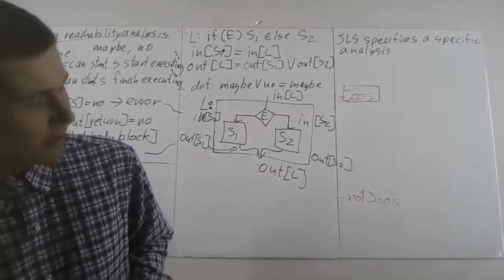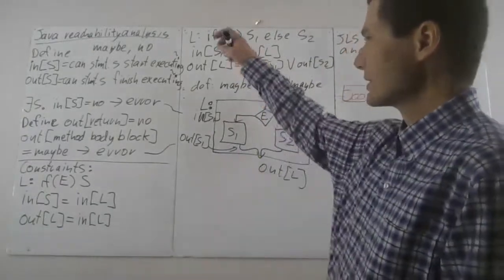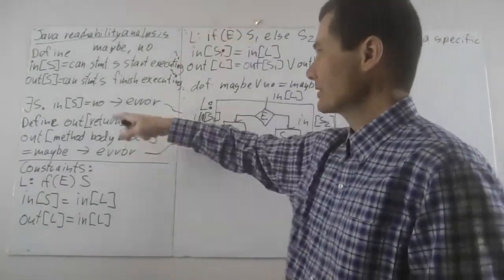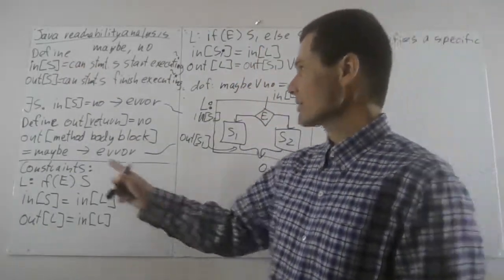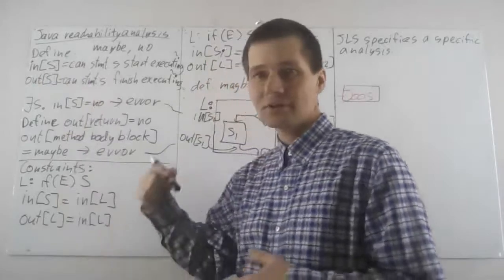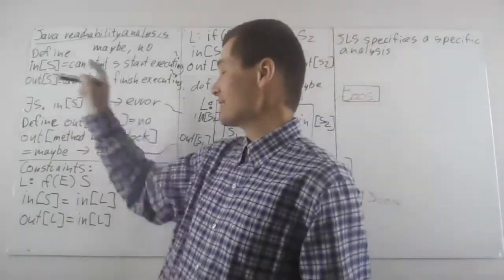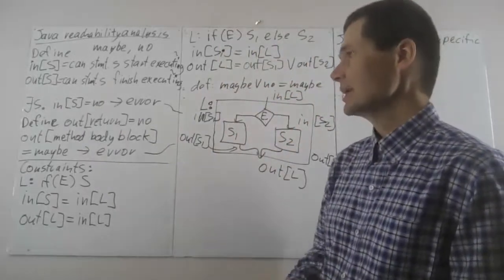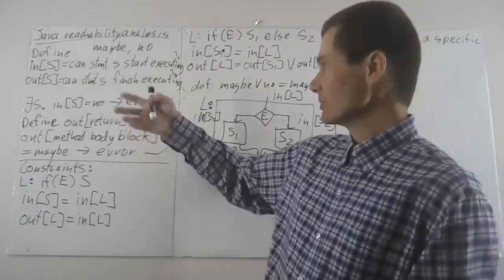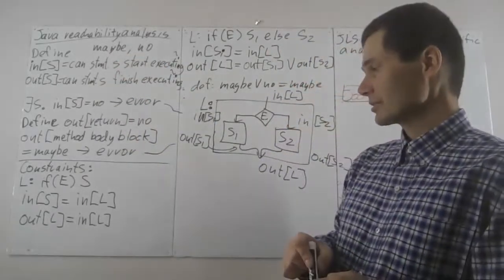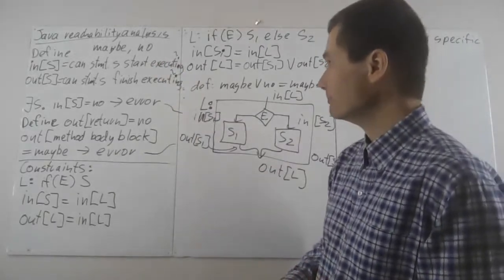All right, and so what did we have here? The idea was that we were going to define these two arrays, in of S and out of S, that are indexed by statements, so nodes in the AST that represent statements. For each statement, you're going to figure out whether it is possible for that statement to begin executing and to finish executing.